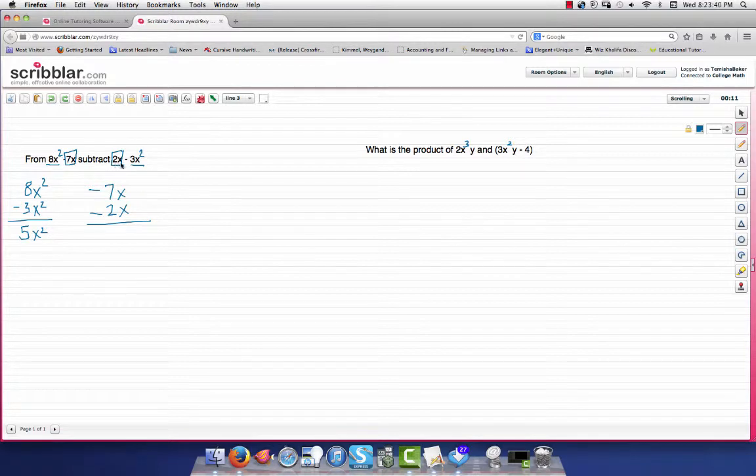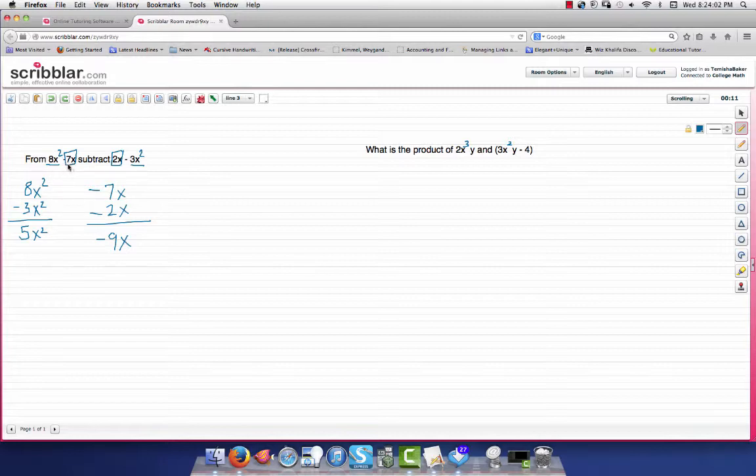Okay, now if you notice, this 2x here is positive, but we're subtracting. So we're subtracting 2x. So if you think about temperature, if it were negative 7 degrees outside and the temperature dropped 2 more degrees, it would be a total drop of 9 degrees. So that would be 9x.